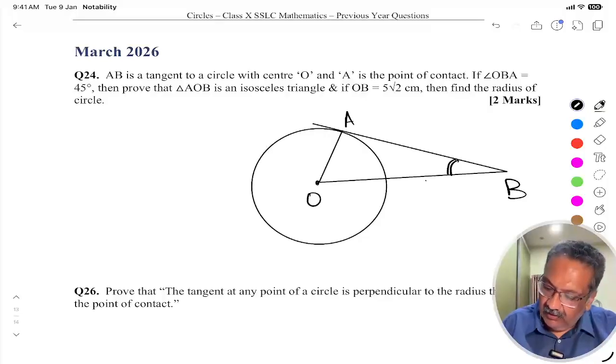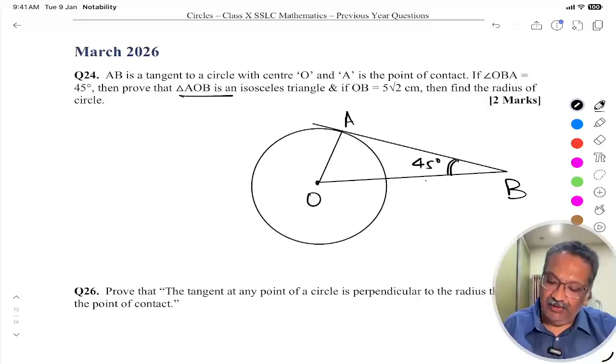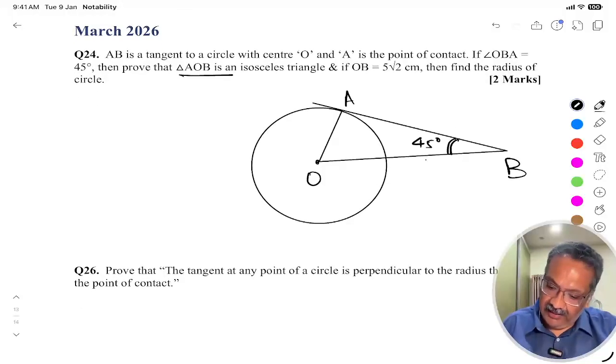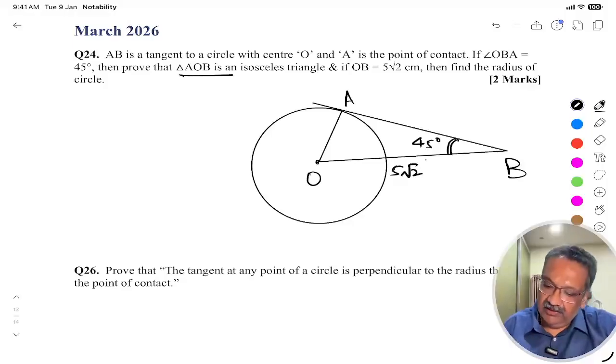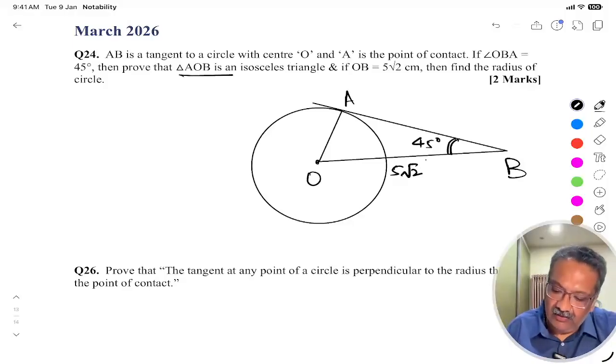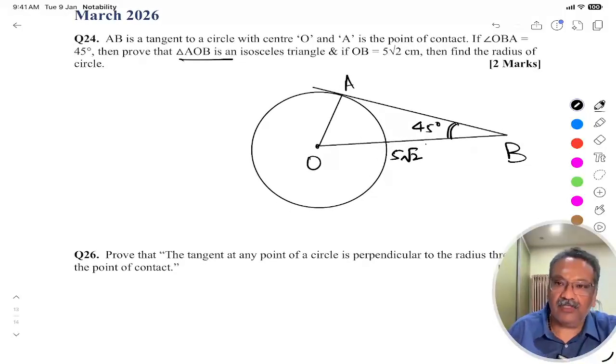Now, we have to prove that triangle AOB is an isosceles triangle. And OB is given to be 5 root 2. Then find the radius. Radius of the circle is OA. Now let us try to prove that AOB is an isosceles triangle.